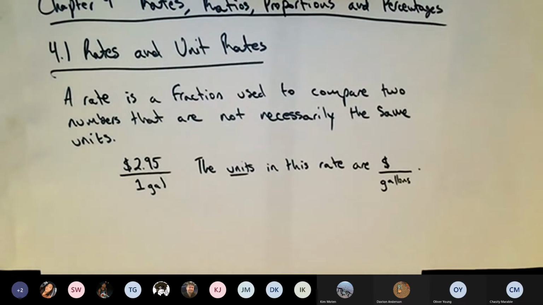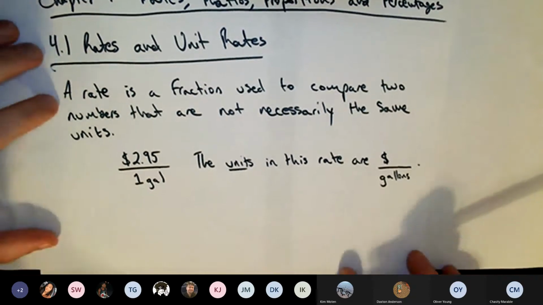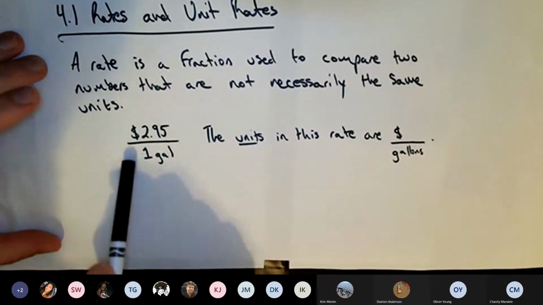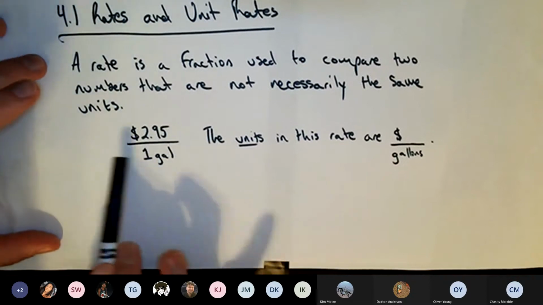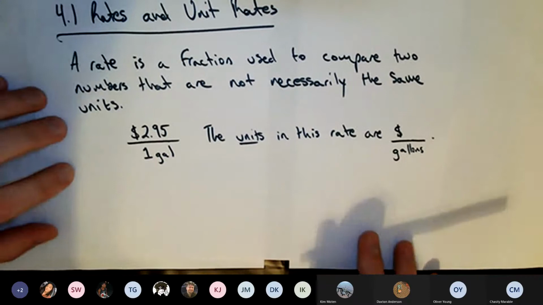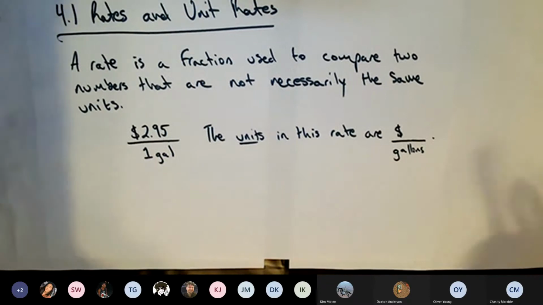So the units are just the thing, whatever it is, the measurement attached to the number. In this case, it's dollars. In this case down here, it's gallons. It could be anything you can think of that can be measured with a number.